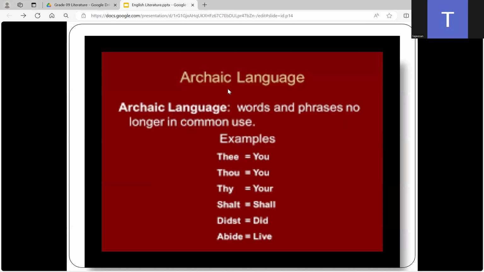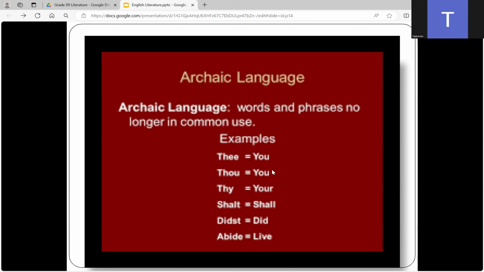Here, archaic language. Archaic language you can understand as words and phrases no longer in common use. For example, these kind of words and sentences were used in the king's palace, or else to address the god. Ancient English. Example, thee.